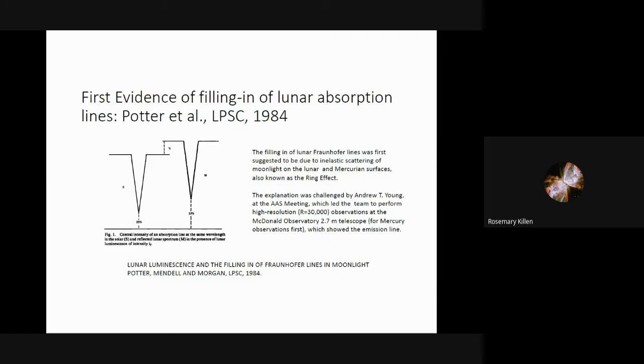They first suggested that the filling in of the Fraunhofer lines in the reflected solar spectrum was due to inelastic scattering of moonlight on both the lunar and Mercurian surfaces. This was known as the ring effect or Brillouin scattering.